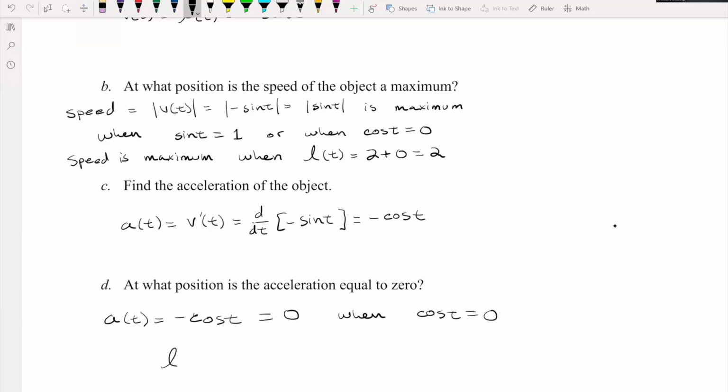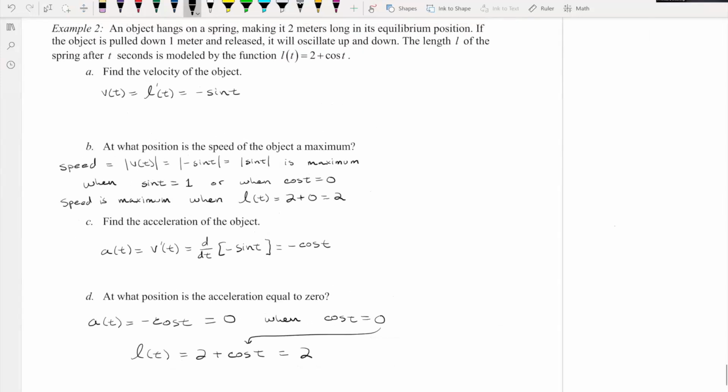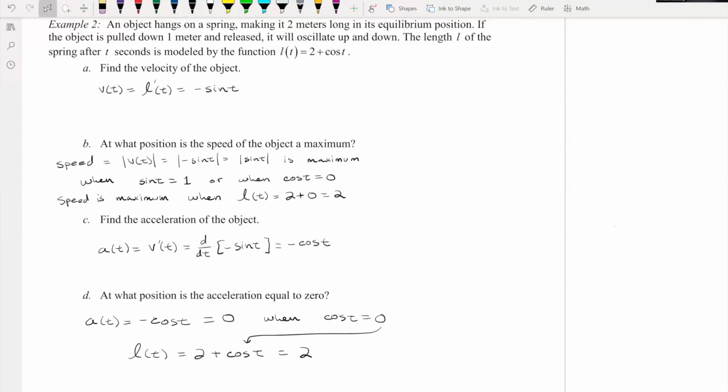And the position L of t, which is 2 plus cosine t, we put a 0 there and we just get 2. Now, we've answered everything, but let's get a sense of what is going on here.